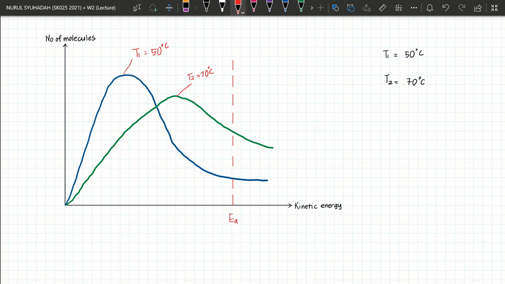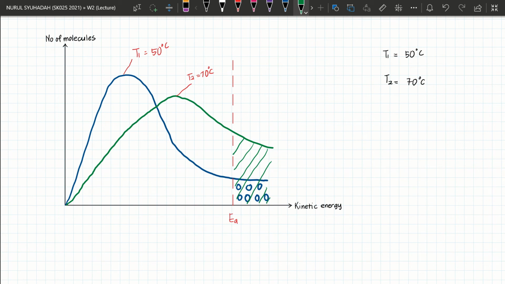After that, the shaded area under the graph. For the shaded area, let's say for 50 degrees Celsius, I put it as rounds like this, and then for the 70 degrees Celsius, I do a line like this.